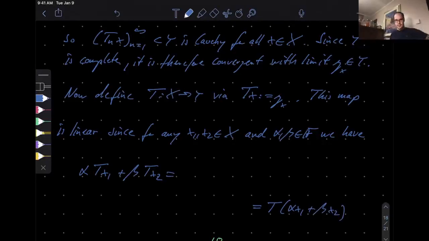So now hopefully I will achieve equality here, because if I do, then this says precisely that T is linear. So how to do it?